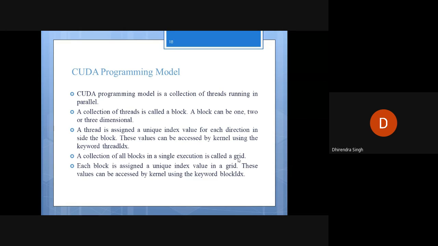Every thread inside a block with a two-dimensional arrangement will have two ids, one id for the x direction and another id for the y direction.